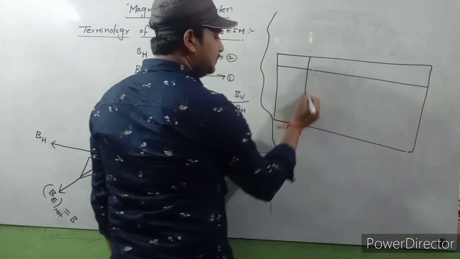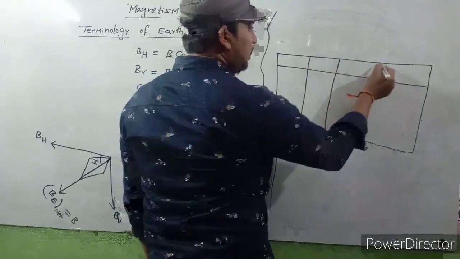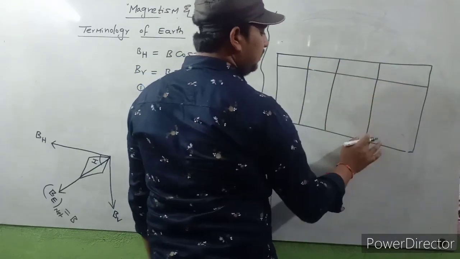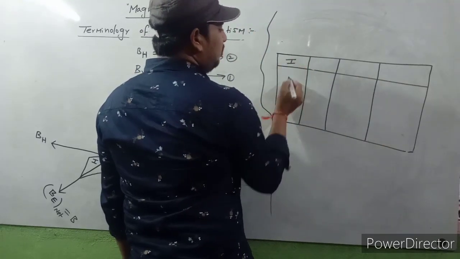This is BH, BV at the equator. So here angle of inclination is equal to 0 degrees.